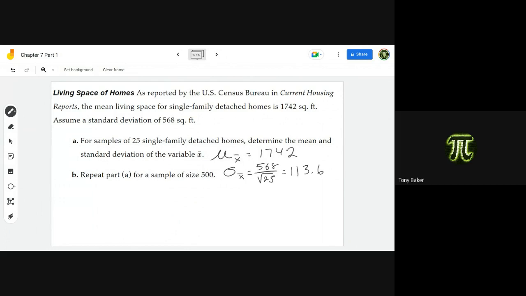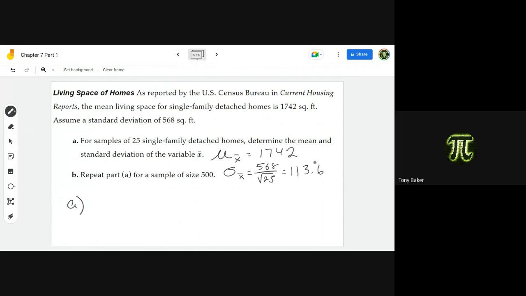Okay. So what does that mean? What that means is now if we look at, again, one standard deviation, we'll just keep doing with the one standard deviation, make things simpler.